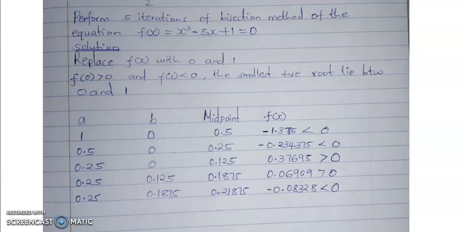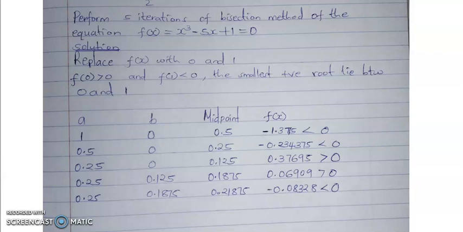For example, if the function of A has a positive sign and the function of B has a negative sign, that is how you can view that question. You're supposed to find two points such that one point has a positive sign and the other point has a negative sign.